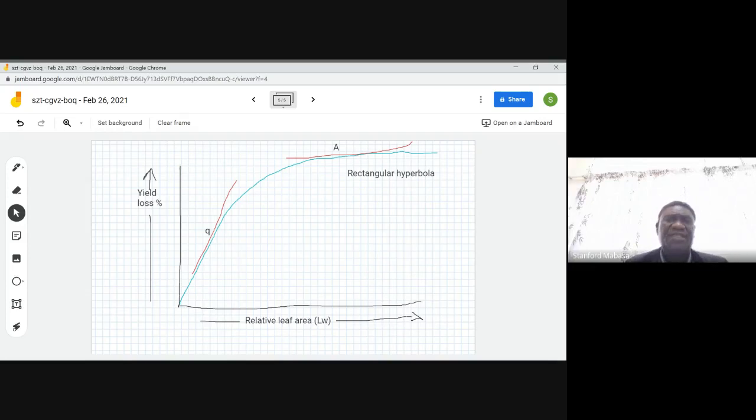So they put an equation to estimate yield loss.